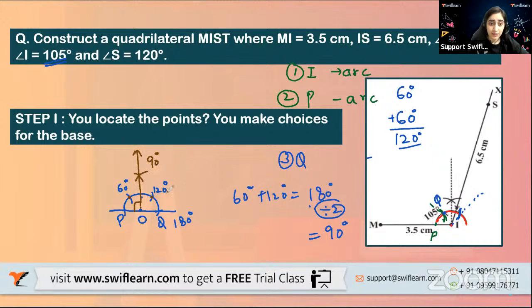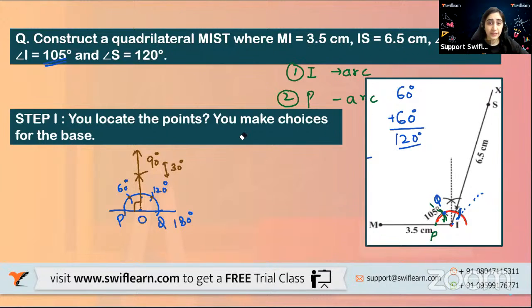Now I know the 90 degrees. I know 120 degrees. So 90 degrees is also there, 120 degrees is also there. Now I know the gap between these is 30 degrees. Right. You can do it by this addition method as well, but otherwise you can think of it this way also, that 60 and 120 have a gap of 60. And when I divide that 60 into 2, I get 30.